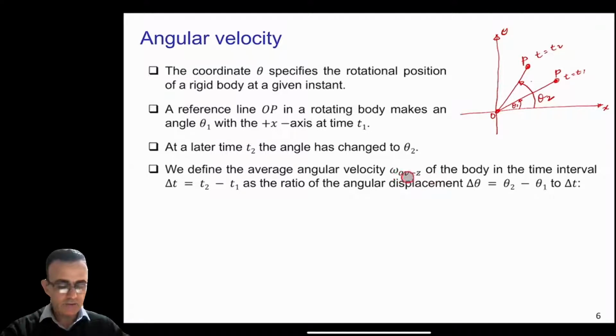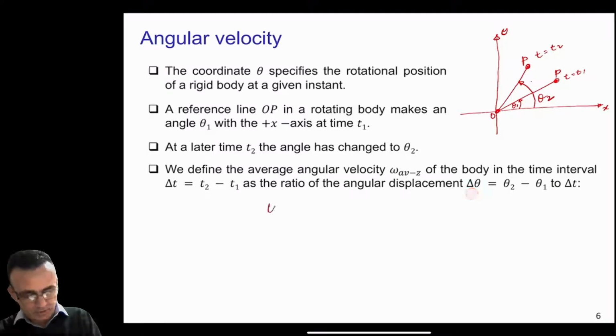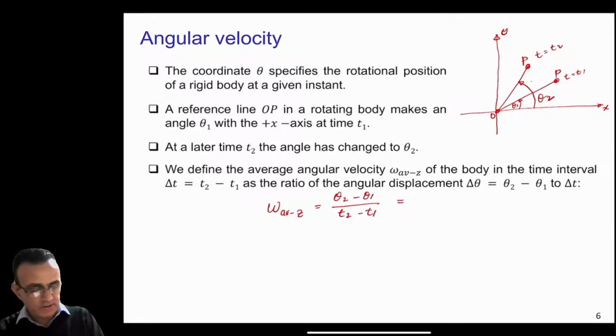The average angular velocity will be delta theta, the angular displacement: the final angular position minus the initial one. So the average angular velocity is simply theta2 minus theta1 divided by t2 minus t1, which you can write as delta theta divided by delta t.